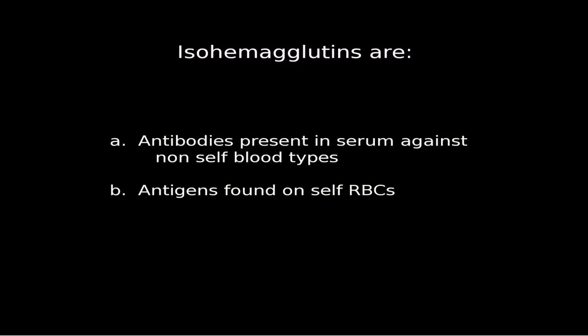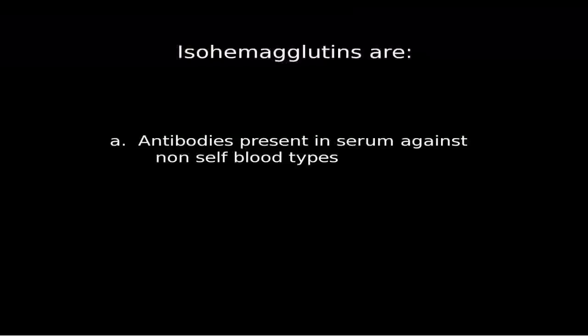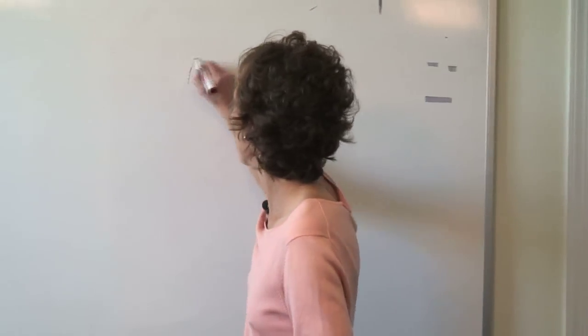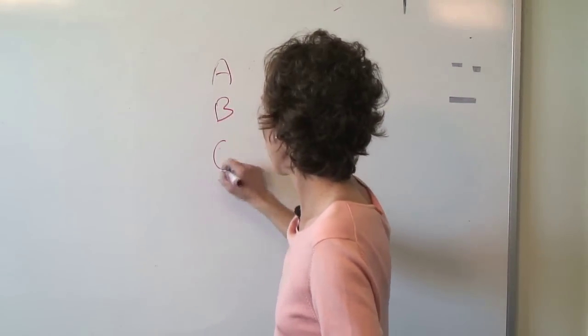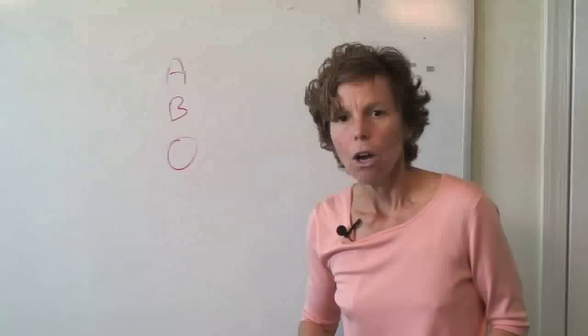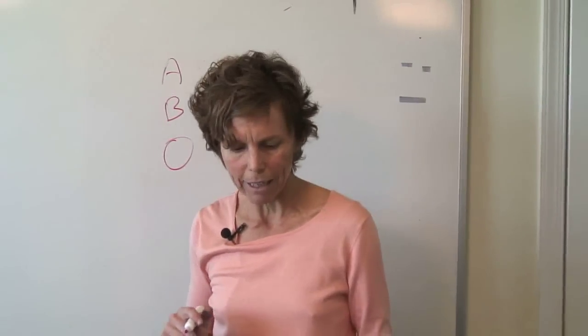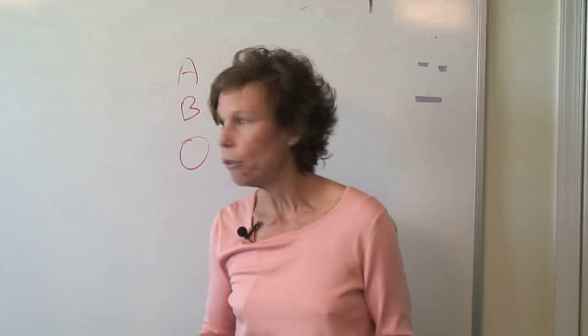Number 7 is isohemagglutinins. What are they? Okay, so the answer there is they're antibodies present in serum against non-self blood types. So let's just have a quick word about blood types. So we know that you've got your type A, B, let's say O, and you also have AB. So what this is saying is an isohemagglutinin.